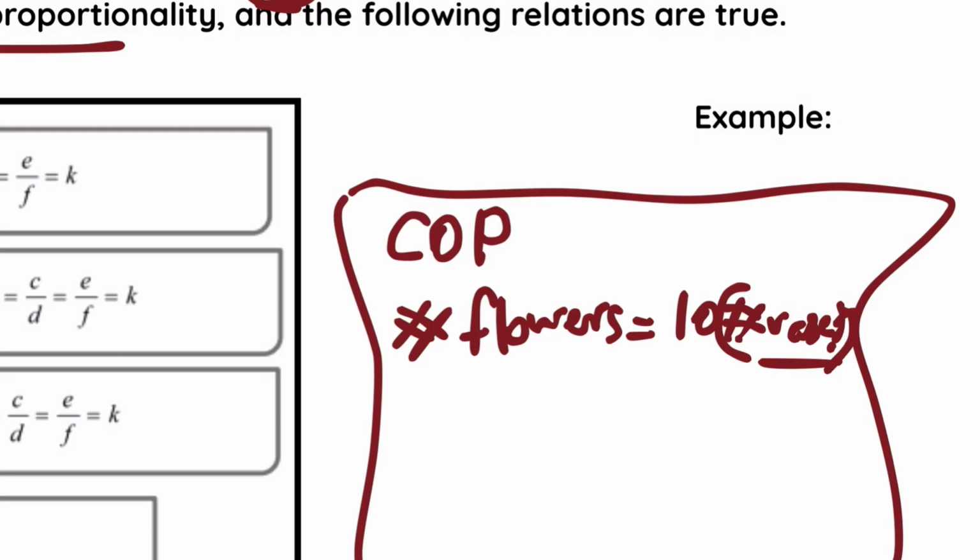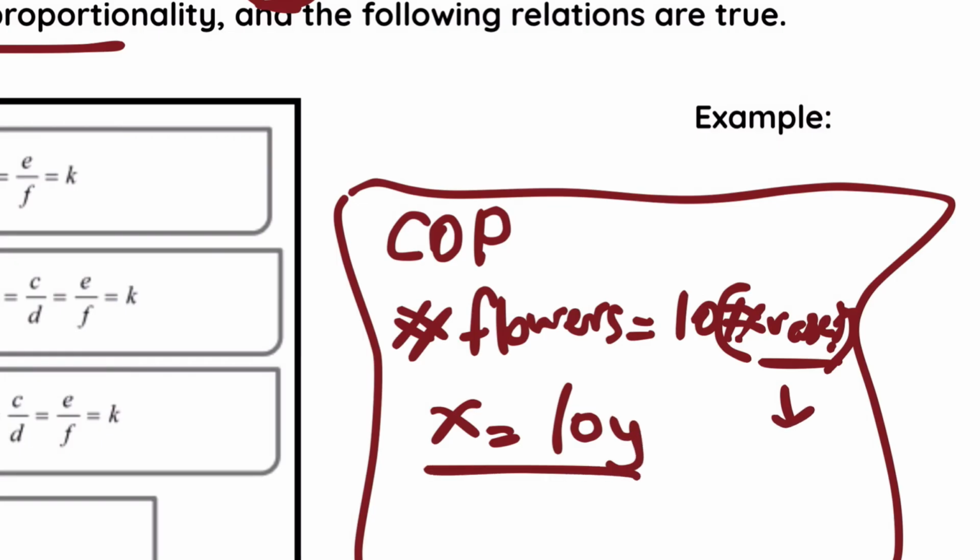So if I put x instead of number of flowers and put y instead of number of vases, it's going to be something like this. And this is an equation. We've built an equation right here just now, right? And in this equation, 10 is my constant of proportionality.